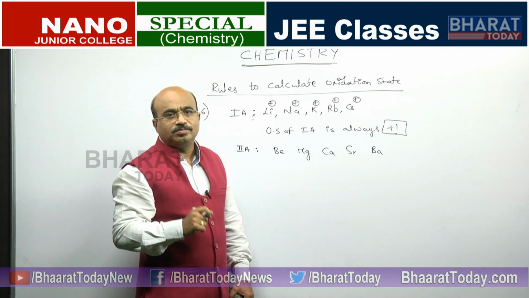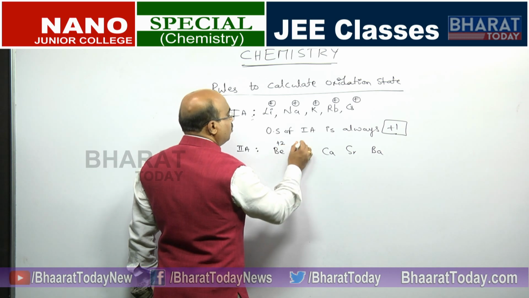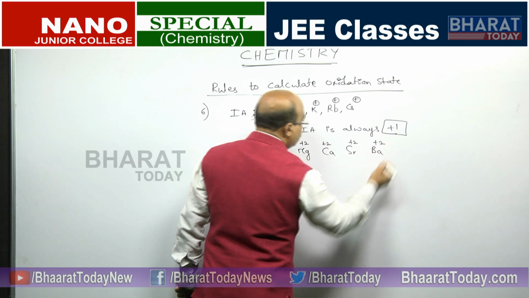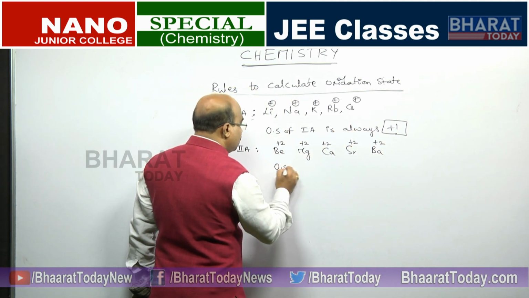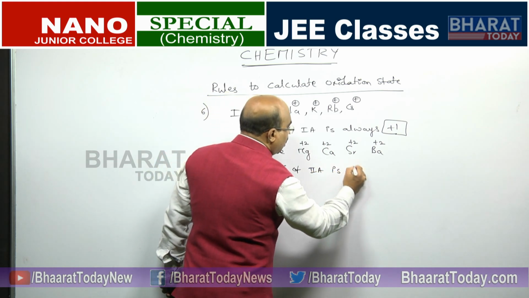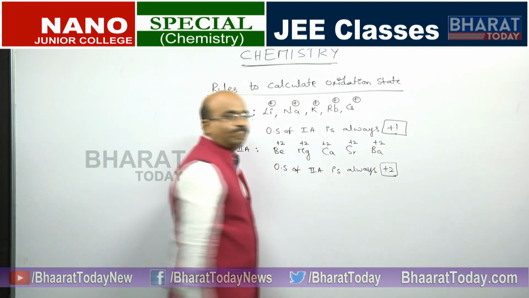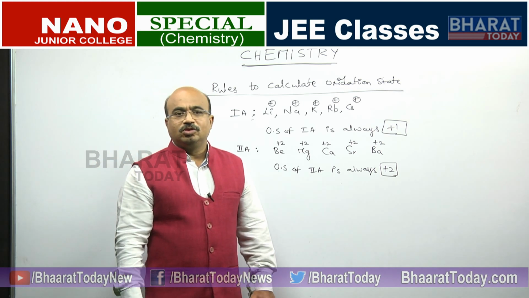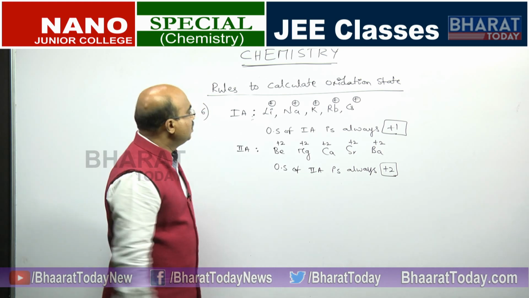So, here it is +2, +2, +2, +2, +2. So, the oxidation state of 2A elements is always +2. These are the basic fundamental rules with respect to elements.